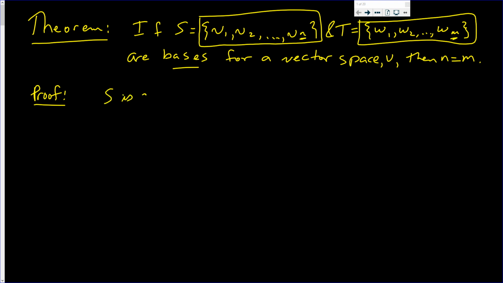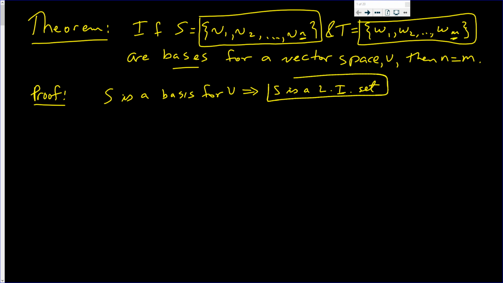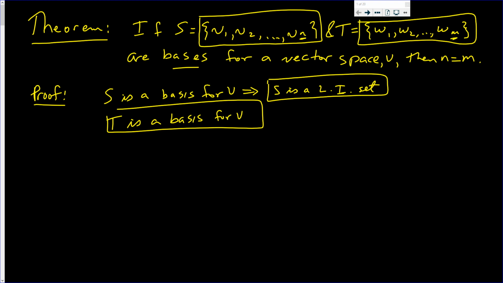S is a basis for V. And now that means that S is a linearly independent set. For right now, we're just going to concentrate on S being a linearly independent set, and T is a basis for V. We're just going to concentrate on those two statements.